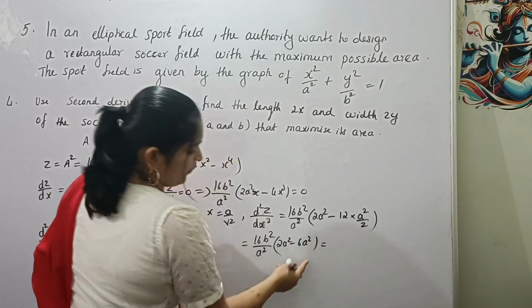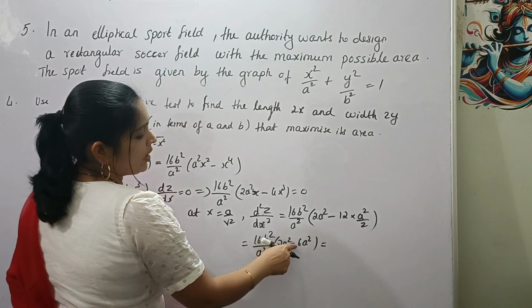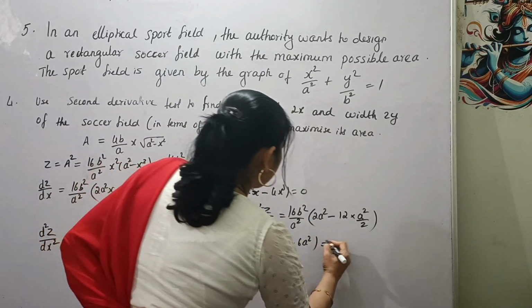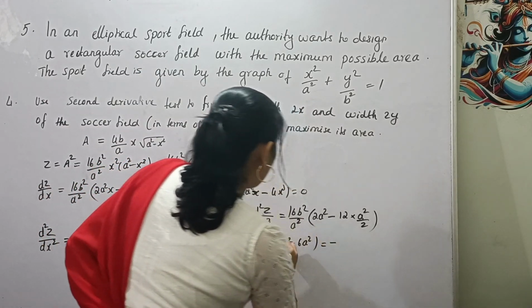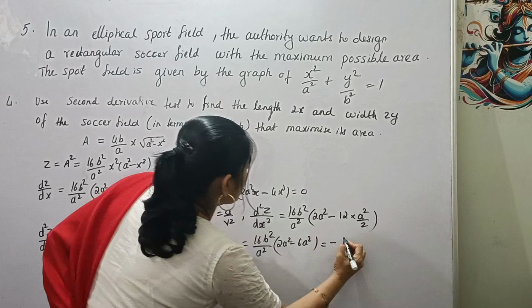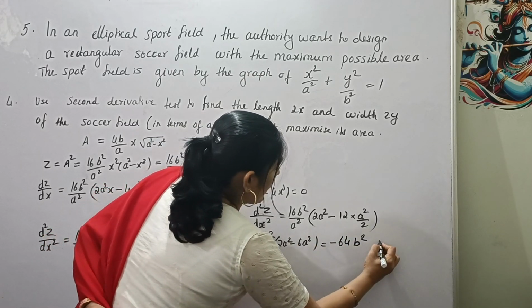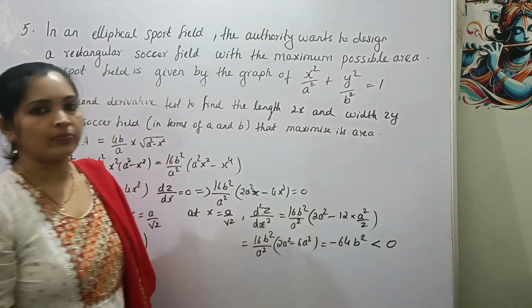We will get minus, because 2a square minus 6a square is minus 4a square. So it will be minus 4 into 16, 64b square, a square will be cancelled. So it is less than 0.